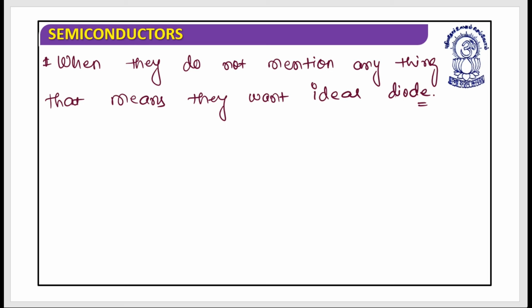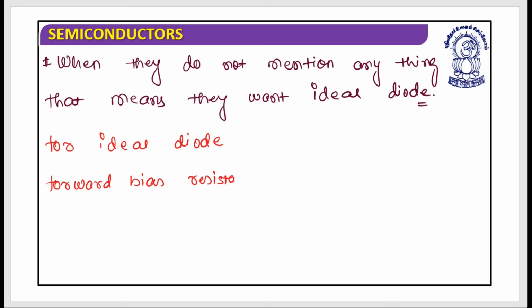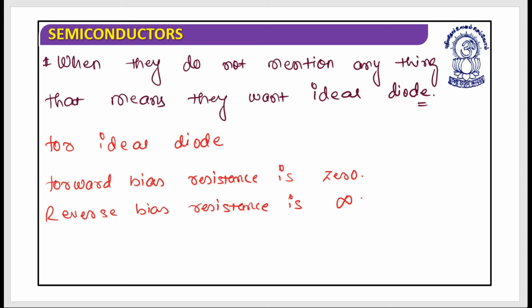Is it done? One more thing, that for an ideal diode, the forward bias resistance, which we call RF, I need to write it in full, is 0, and the reverse bias resistance is infinite.